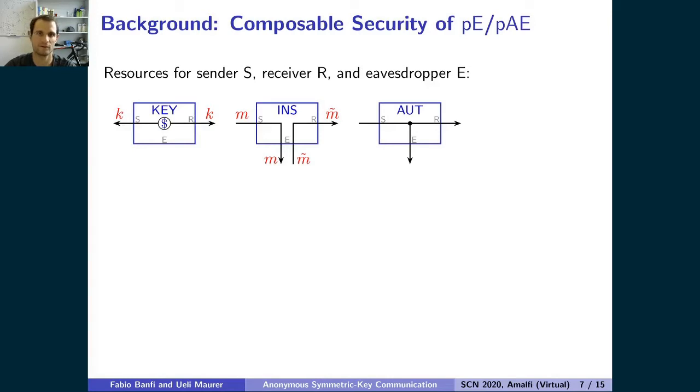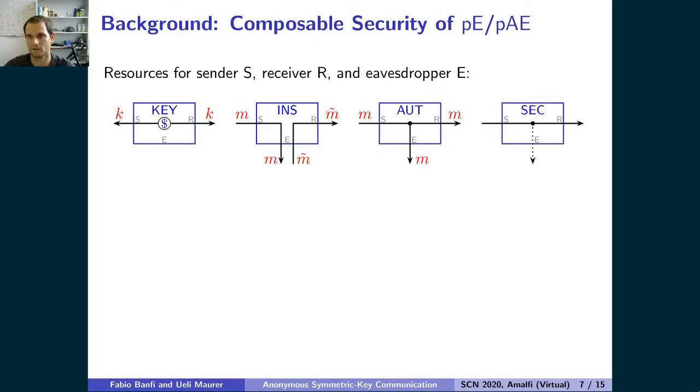Then we have an authentic channel, which allows the sender to input a message, which now will be output by both the interfaces of the adversary and the receiver. And now the difference from this channel and the previous one is that the eavesdropper, the adversary E, cannot input a message anymore. So in particular, the receiver has the guarantee that the message that he sees is the one that was input at the sender interface.